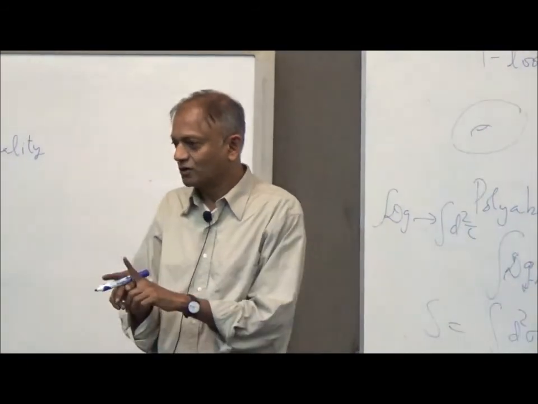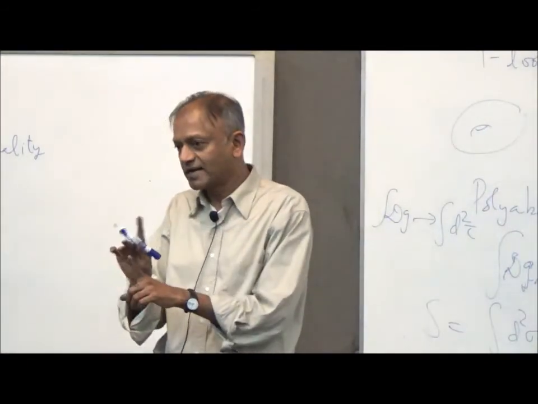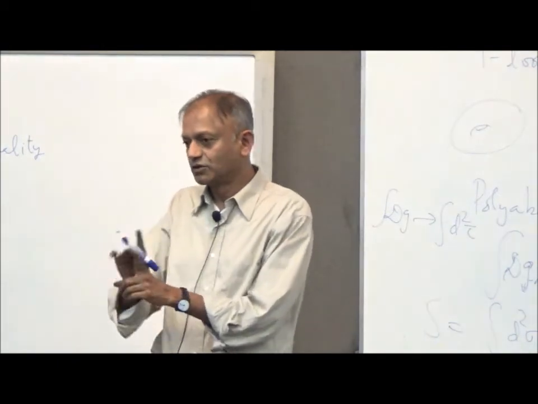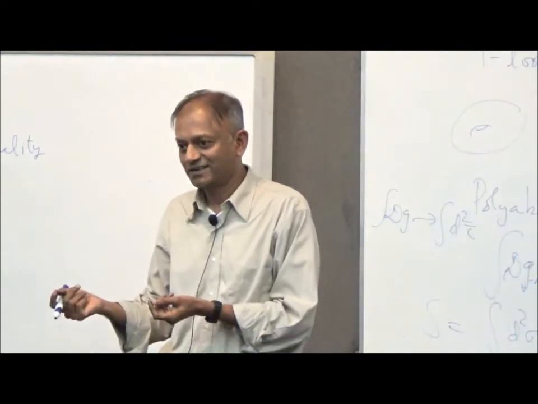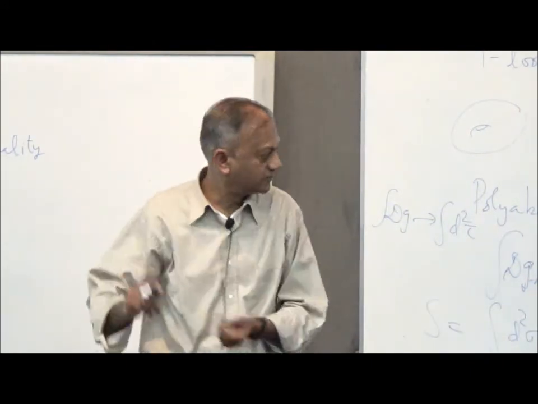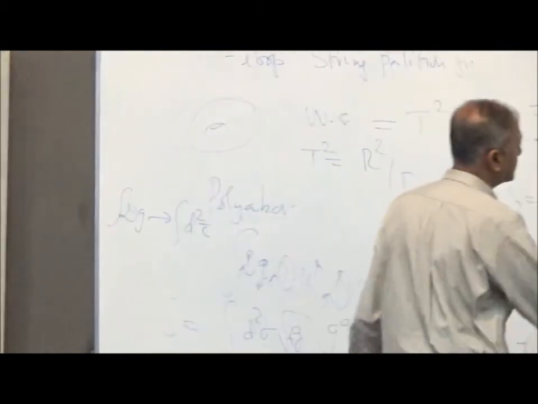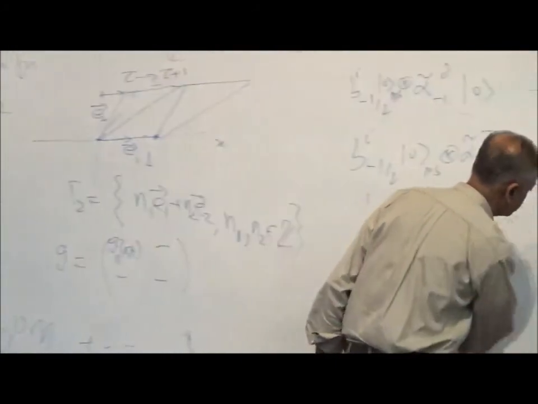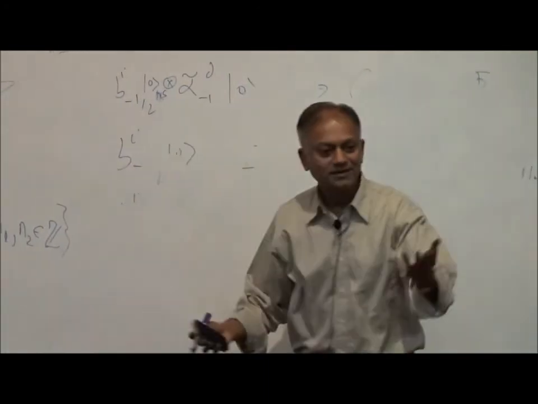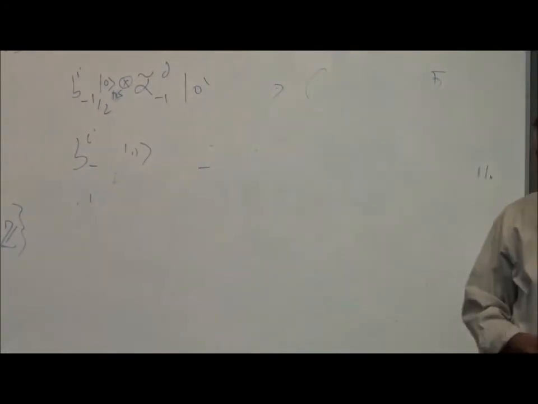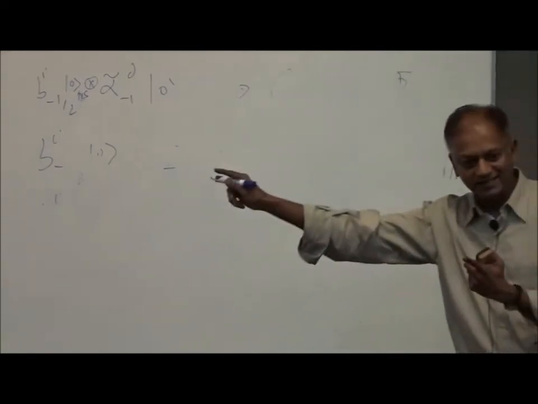So the transformations relating two different choices of basis for the same lattice are SL(2,Z), where the coefficients can only be integers, because it has to map a lattice vector to another lattice vector.